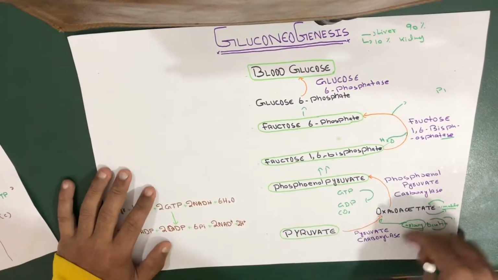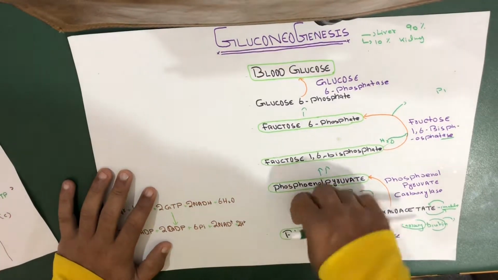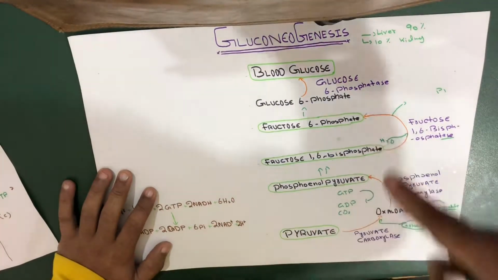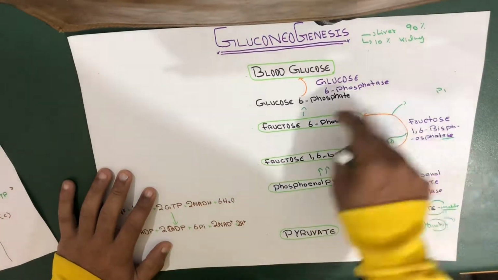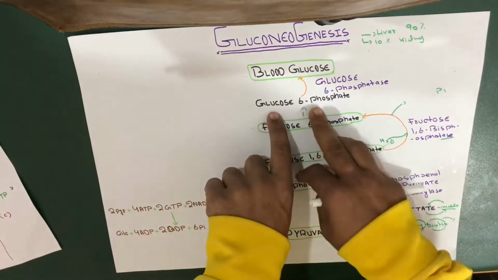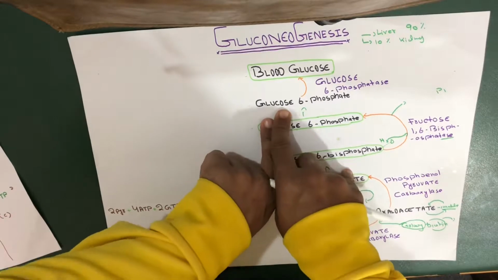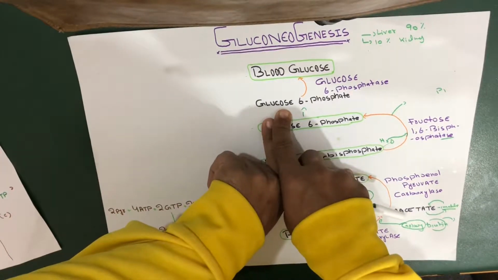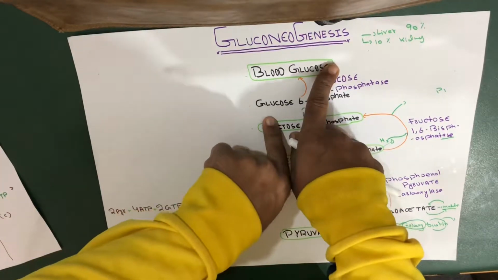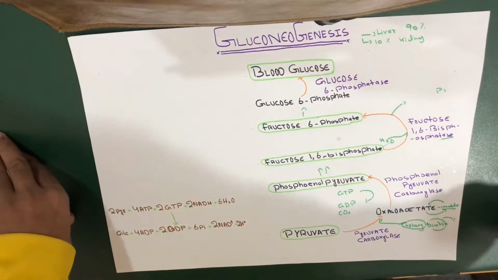We first convert pyruvate into oxaloacetate, then oxaloacetate into phosphoenolpyruvate, which goes on to be converted into fructose 1,6-bisphosphate. That loses one phosphate and is converted into fructose 6-phosphate, which goes through the normal process and is converted into glucose 6-phosphate by isomerization. Finally, in the lumen of the endoplasmic reticulum, it is converted into blood glucose, only in your liver and kidney: 90% liver and 10% kidney. That's it regarding gluconeogenesis.